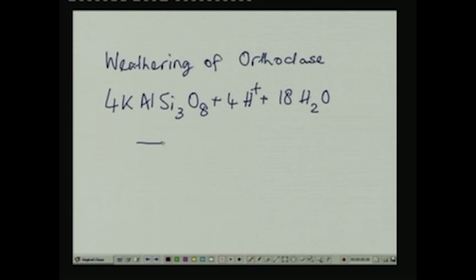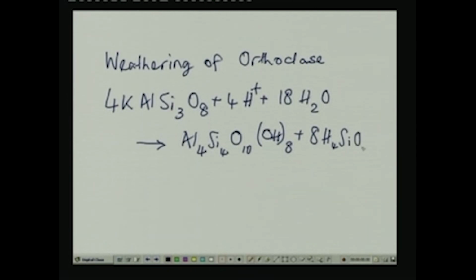What you get out of this is a mineral called kaolinite, given by this formula that I am just writing, and it releases silicic acid, which remains in solution, and it also releases potassium ions. So these two chemical species are in solution, and this one is kaolinite, as I mentioned.